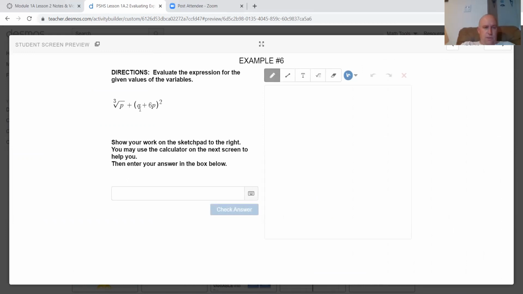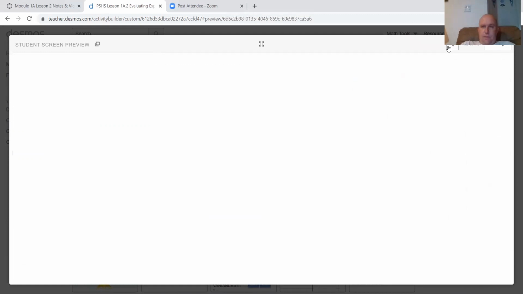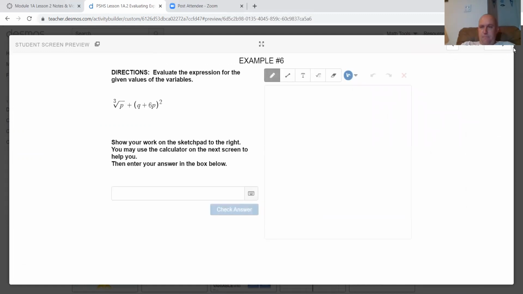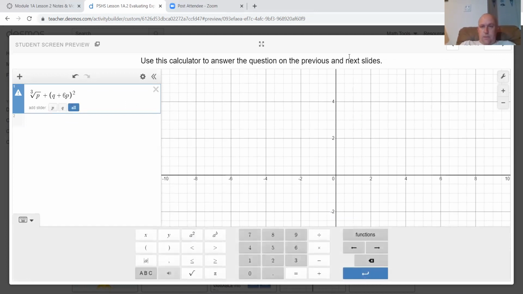I was looking at totally the wrong question. Plus q plus 6p all squared. I think I must have been looking at the next question. Got a little bit carried away there. Apologies. Yeah, I was looking on slide 14 when I haven't done slide 12 yet. Q plus 6p all in parentheses, and all squared. So we got our squared symbol there.